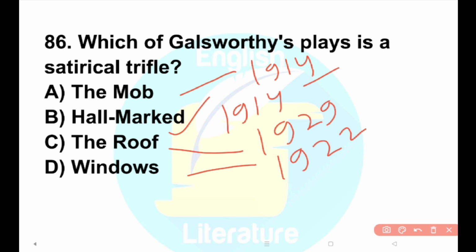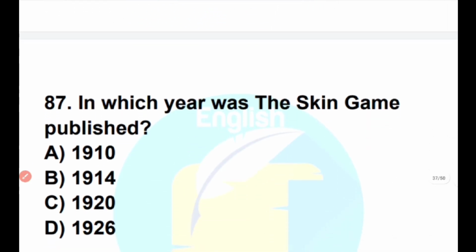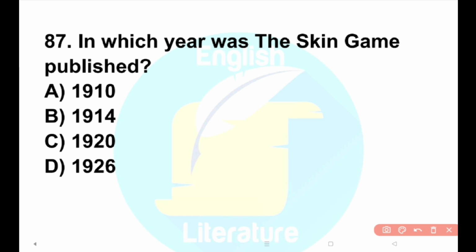Next, in which year was The Skin Game published? Option C, 1920. The Skin Game was published in 1920, addressing class conflict between old money and new wealth.